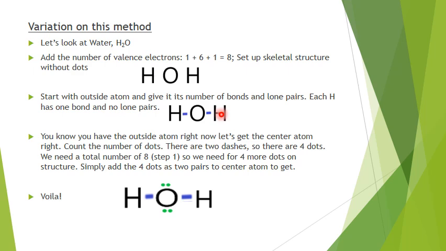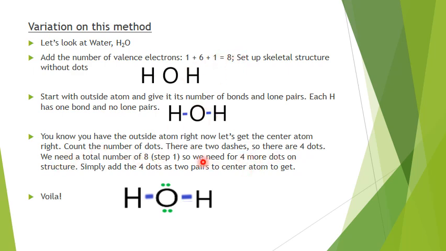Now, what you need to do is, so you have the outsides right. So now let's get the center. So you count the number of dots. A dash is 2, 2, and 4. So there's 4 dots. Well, we need 8. So we need 4 more dots.